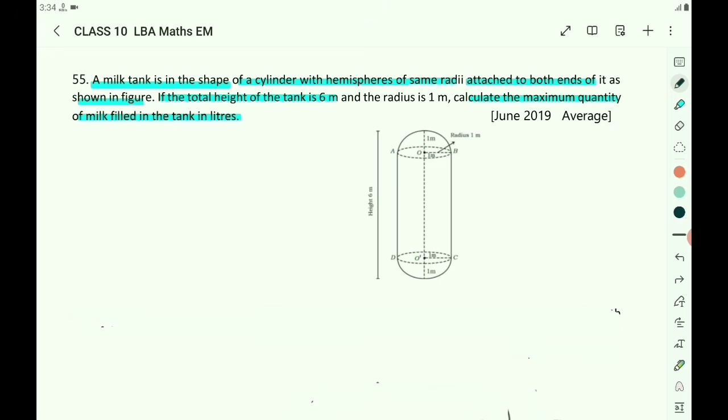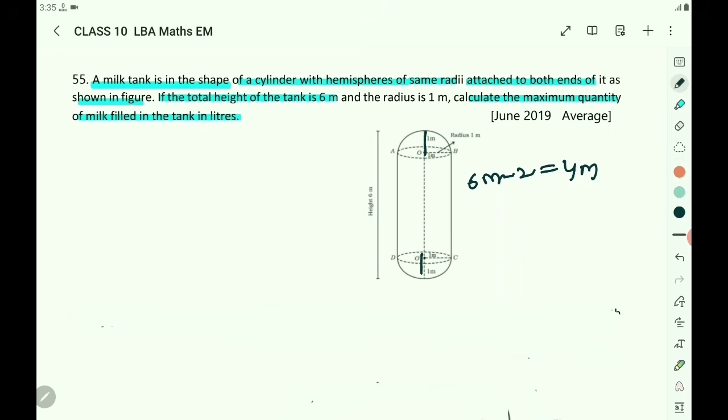And what is the height of the cylindrical portion? The height of the total tank is 6 meter and the radius is 1 meter and 1 meter, so to find the height of the cylindrical portion we have to subtract the radius of both the hemispheres, that is 2 meter. 6 m minus 2 equals 4 meter, that is the height of the cylindrical part.